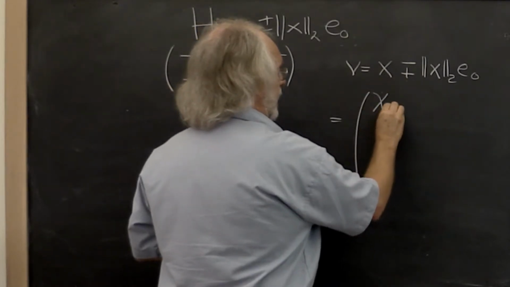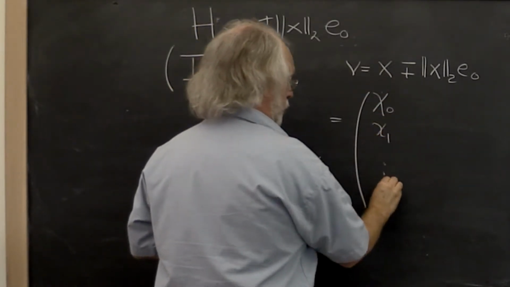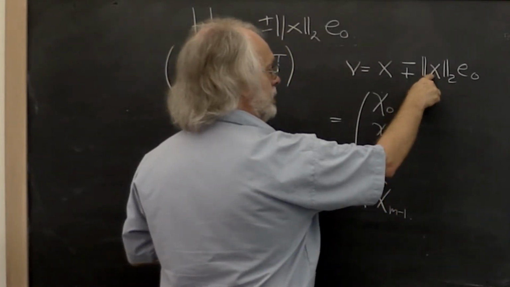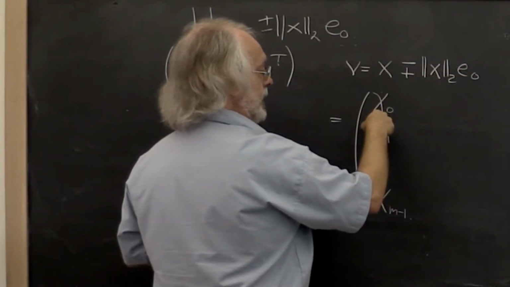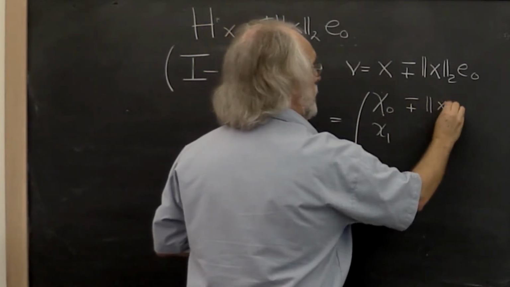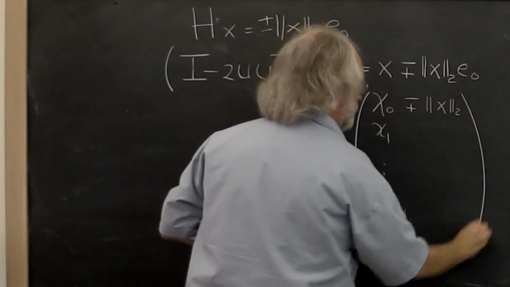If we write x as chi0, chi1 through chi m minus 1, then notice that this is just an adjustment to the first entry in the vector, so this is minus plus the 2-norm of x.